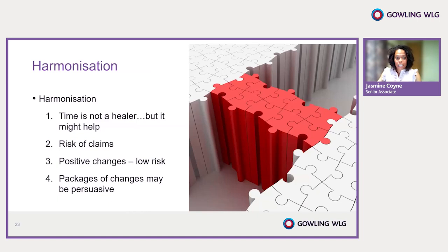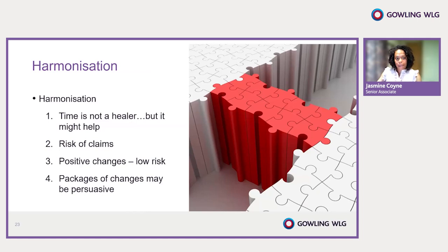First of all, you need to be clear that harmonising terms is generally not going to be valid because, as we've covered, under TUPE there is a restriction on changing terms and conditions if the sole or principal reason for the change is a TUPE transfer. So the length of time that passes after a transfer doesn't actually change that position.